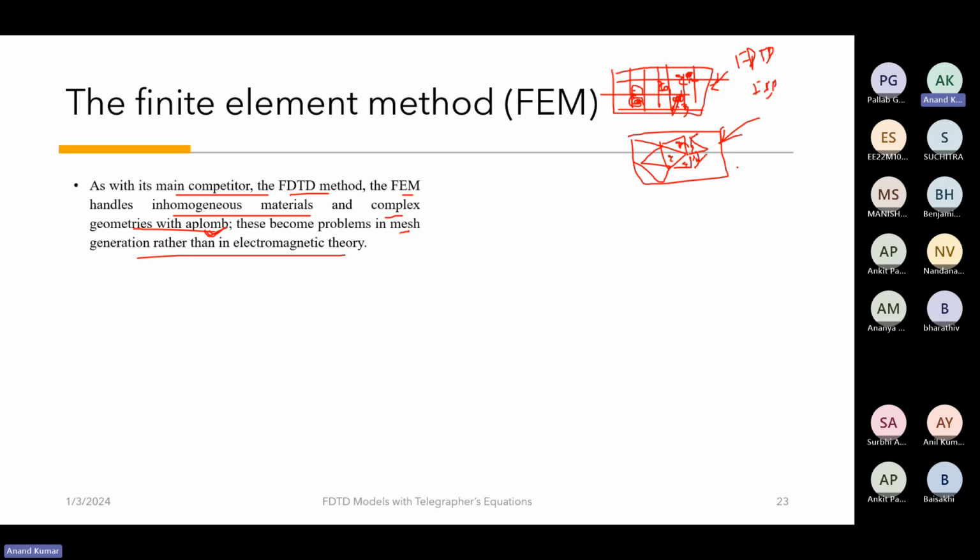So for inhomogeneous materials, you'd have to just mesh correctly, and your code works all right.